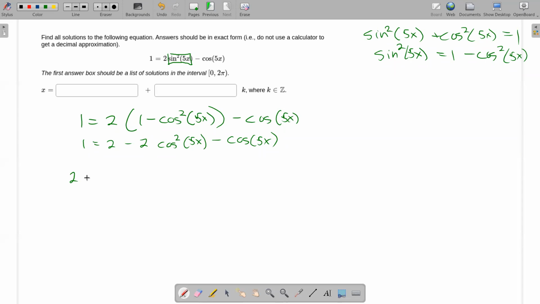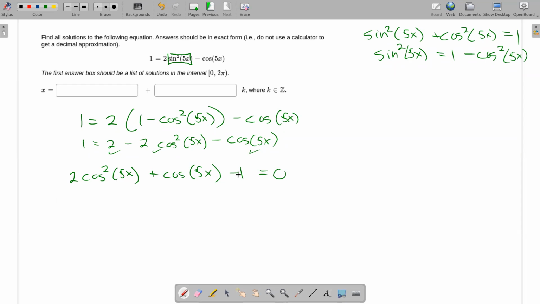That gives me 2 cosine squared of 5x, add this one over, plus cosine of 5x, and then subtract that 2 over. So 1 minus 2 would be minus 1 equals 0. I moved this one here, that one there, that one there. Okay, I've accounted for all my terms.